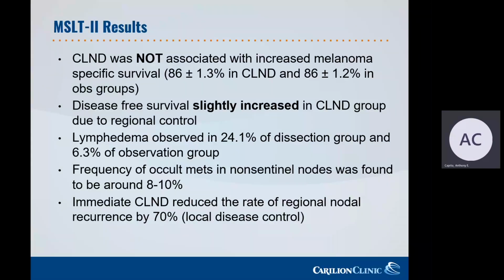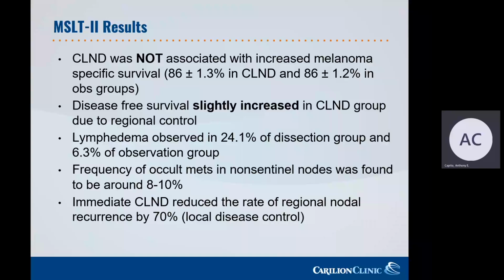And guess what? A completion lymph node dissection was not associated with increased melanoma-specific survival. So I'll repeat that again. It did not increase survival. It did increase disease-free survival in the completion group, but they did have a higher rate of lymphedema, 24% versus 6%. And in the ones that they did do a completion, they did find occult metastasis in about 8 to 10% of the patients.